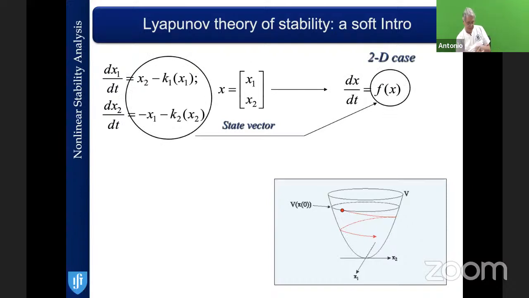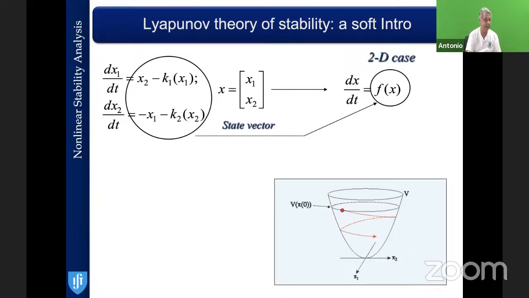So normally, and I'll go slowly now because some of you may not be familiar with this, when you have a system of equations and you stack the x1 on top of x2, you call it the state vector x. And then you can always write these two equations as a simple big equation, dx/dt equal to f of x, where f of x is a vector of functions.